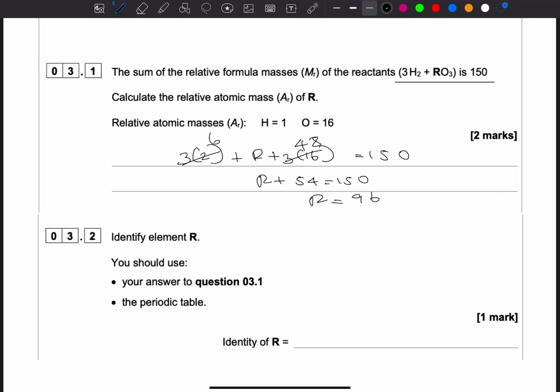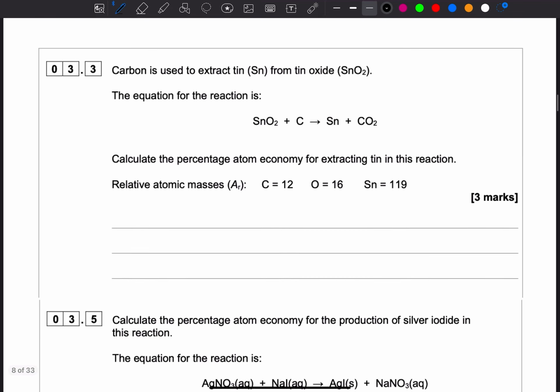So whoever has the 96 on the top in the periodic table here is Mo. Okay. And that's the one. Because Mo, if you look at it, I'm just writing on the side. The top number is 96. And the other one is 42. And this is your mass number, remember, right? Relative mass or relative formula mass.